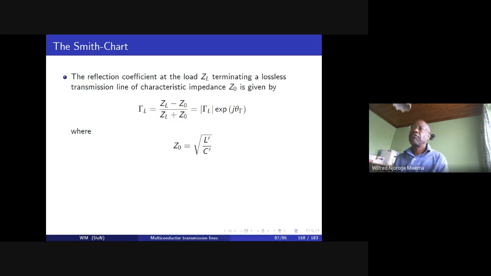So the reflection coefficient at the load ZL, that is terminating a lossless transmission line with a characteristic impedance Z0, will be given by gamma L equal to ZL minus Z0 divided by ZL plus Z0.